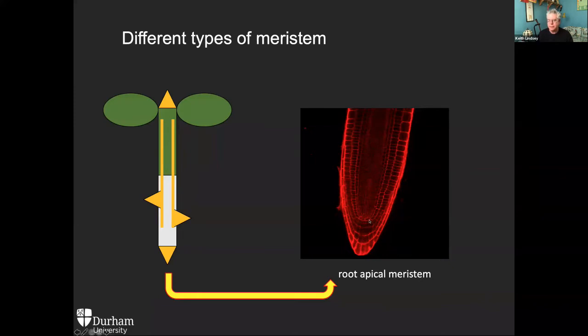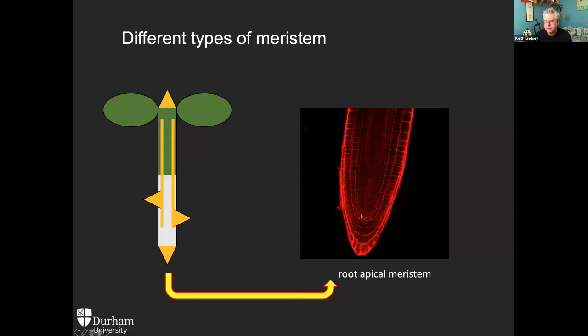These are a group of cells called the quiescent center, which signal to the true meristem cells immediately surrounding them, which retain this undifferentiated condition. That undifferentiated condition is maintained by signals from this group of cells called the quiescent center.